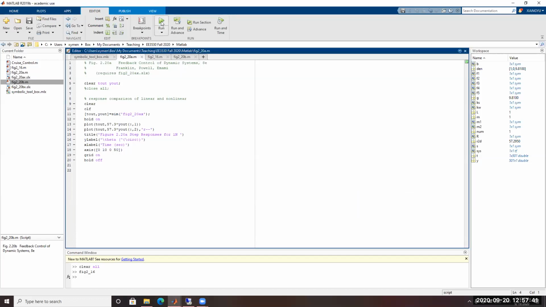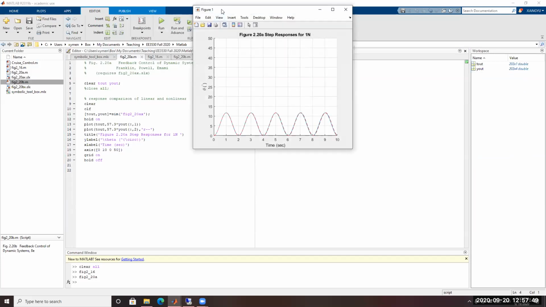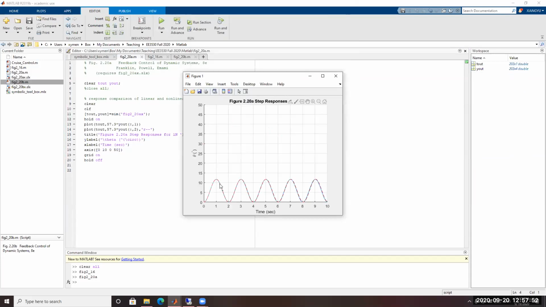Then here we hit run. It will generate 2 plots. One is for the linear model. One is for the nonlinear model.